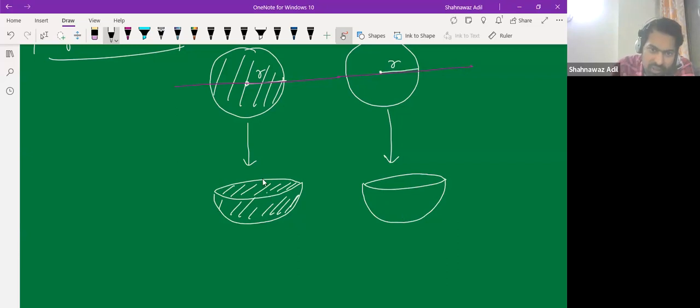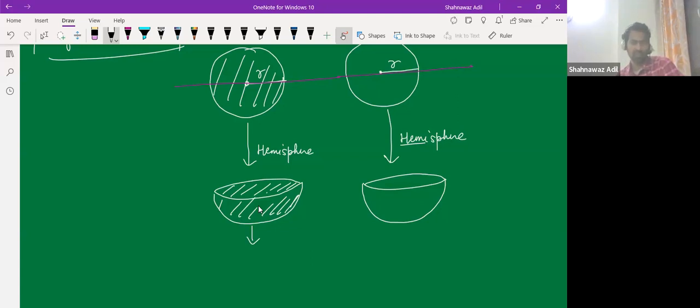So how many surfaces will this have? This is called the hemisphere, right? This is also a hemisphere. Hemi means half, sphere means sphere. So we have these half spheres. How many surfaces are there for this solid hemisphere?